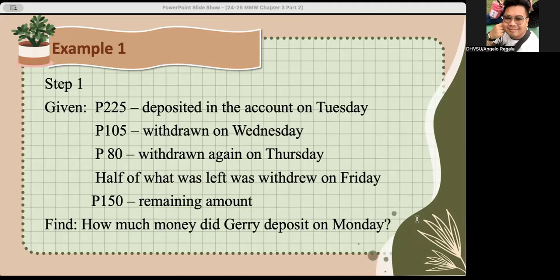Since we're working backward, lahat ng activities na ginawa ni Jerry, babalikan natin. So kung nag-deposit siya, ibig sabihin nag-withdraw siya. Kung nag-withdraw siya, it means nag-deposit siya. Okay? So ganun po yung process natin.